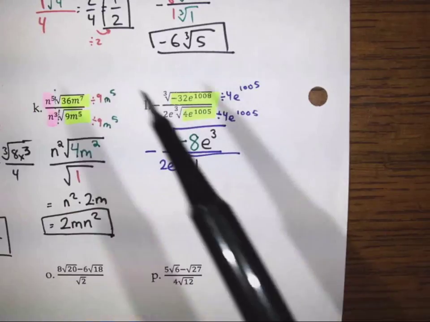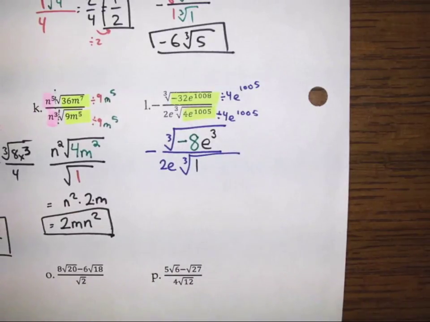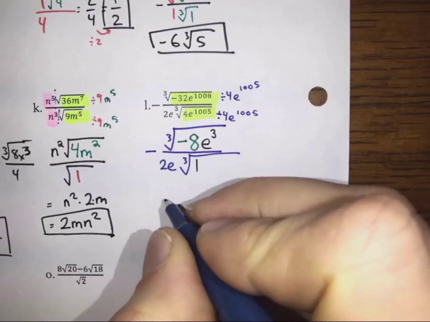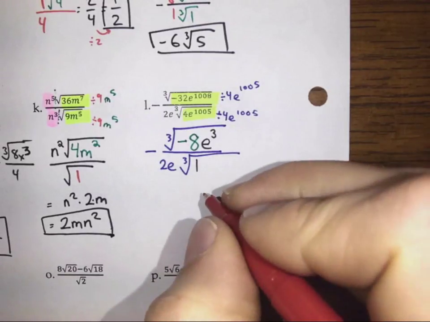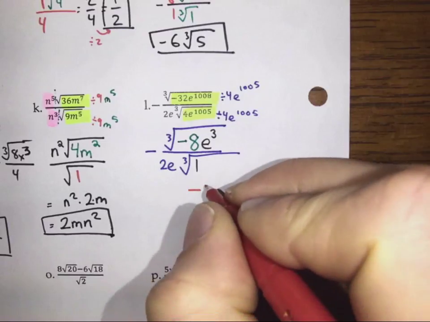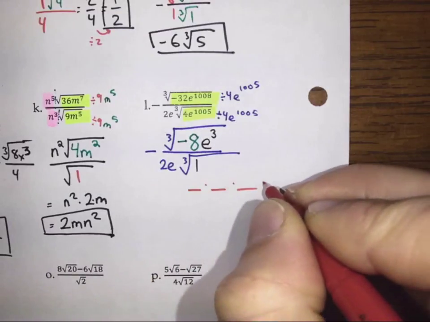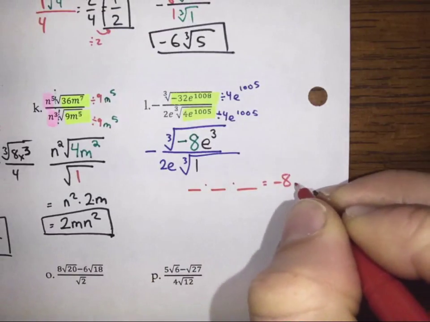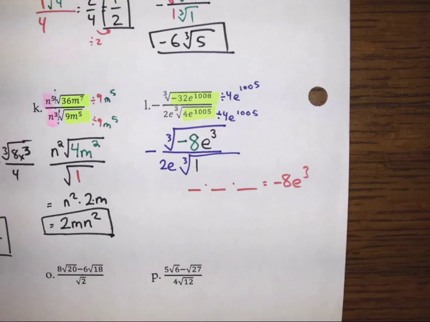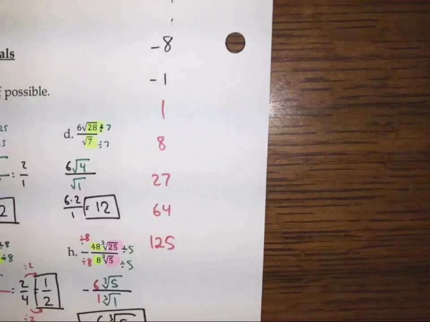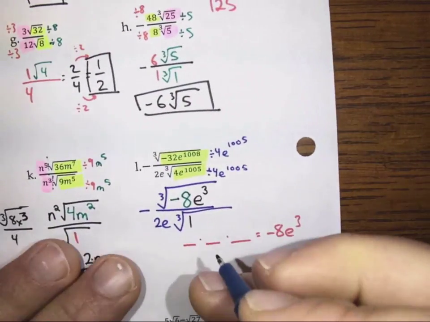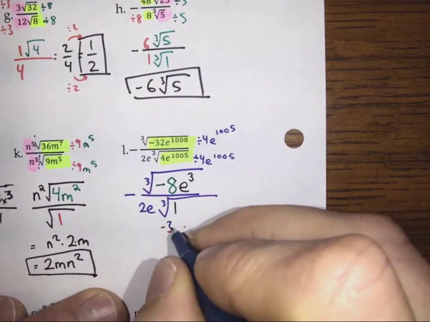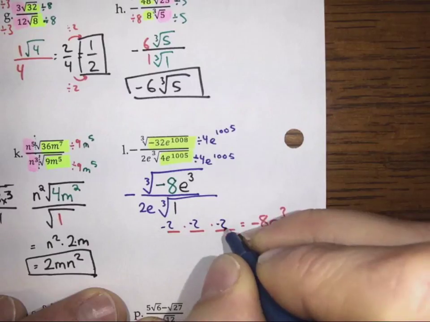What you might have noticed is a bit of a pattern with this practice sheet. Okay, so what are we going to get here? Well, it looks like we have a cube root that can be resolved. What times itself times itself is going to give us negative 8e cubed. Well, negative 8 is one of our perfect cubes. It's negative 2 times negative 2 times negative 2.